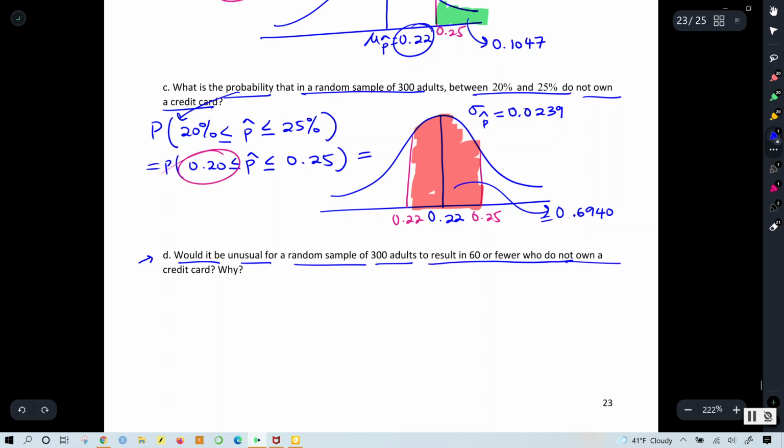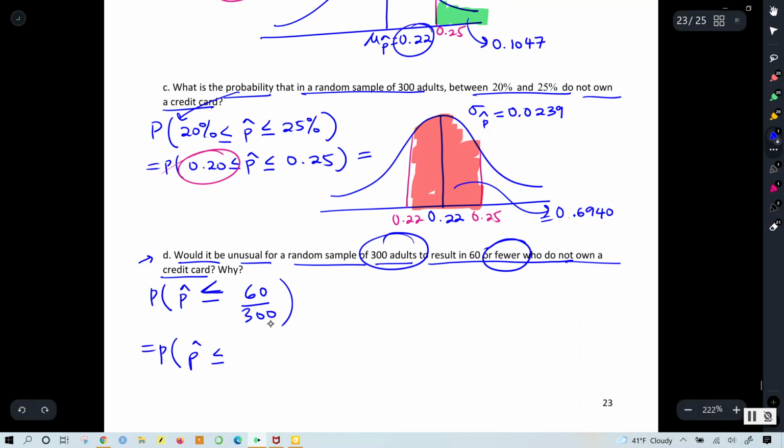or fewer who do not own a credit card? Probability, the proportion who do not have a credit card is equal to 60 out of how many? 300, or fewer, that means or lesser. So this is equal to probability of P hat less than or equal to 60 divided by 300, which is 0.2.